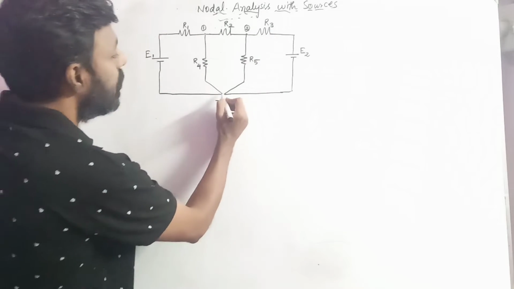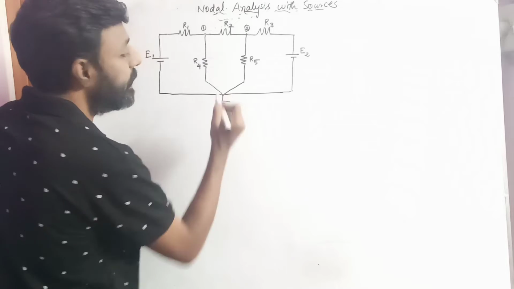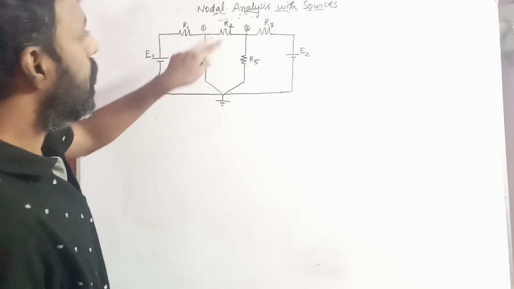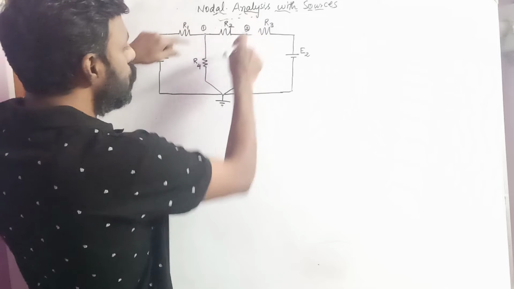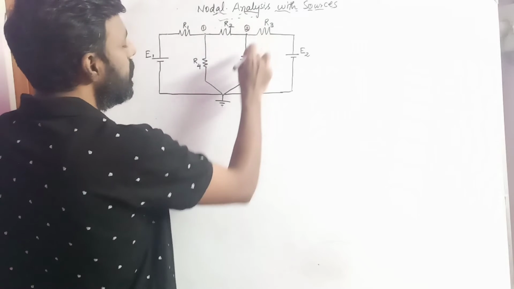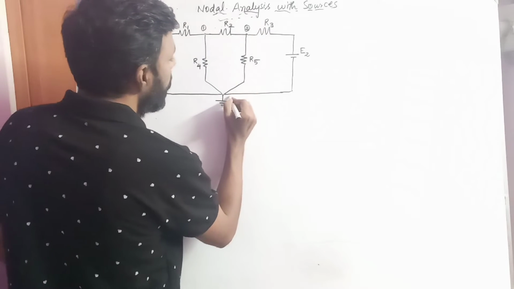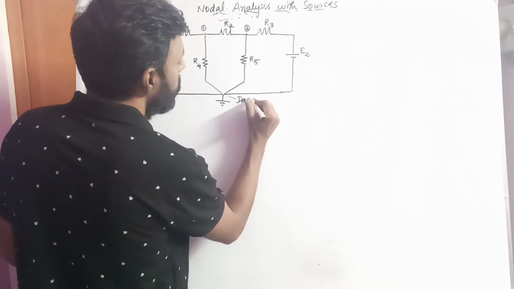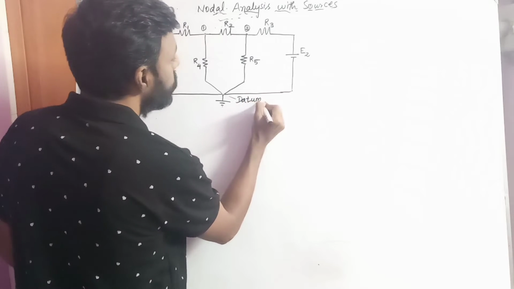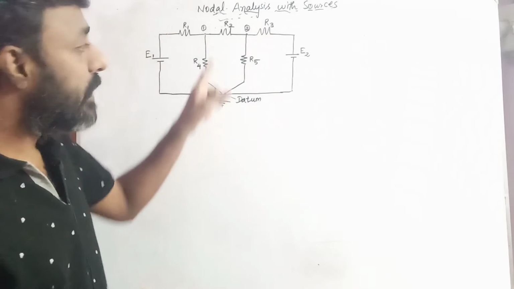This is called the reference point or the datum point. So you have one, two, three, totally three nodes, and I'll mark this one as the datum.